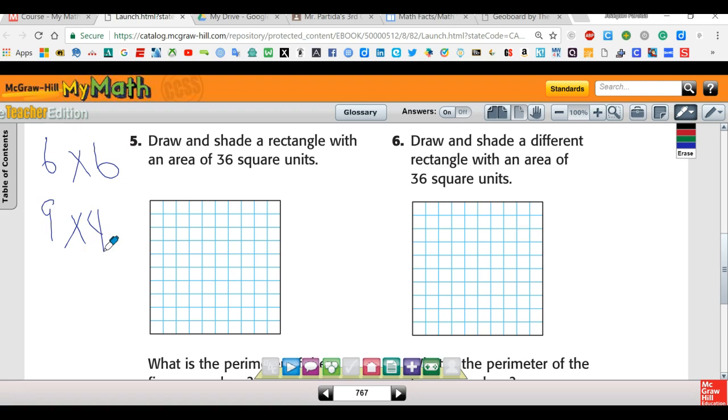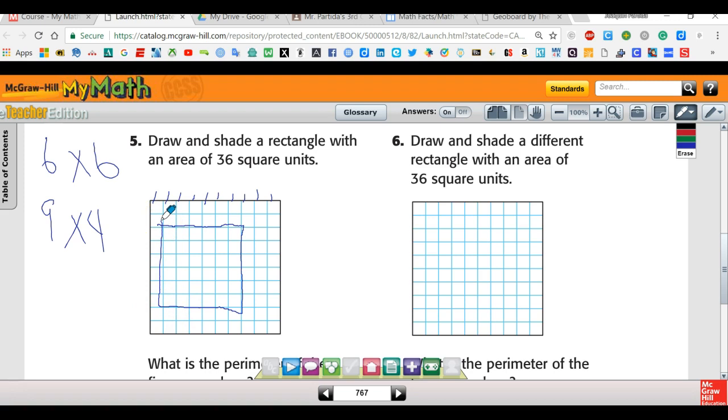Do I have enough going across? 1, 2, 3, 4, 5, 6, 7, 8, 9, 10. No, that wouldn't be enough. Okay, but I could go 6 times 6. 1, 2, 3, 4, 5, 6, and then straight down. And that's 1 right there.